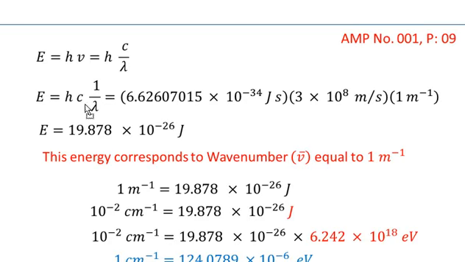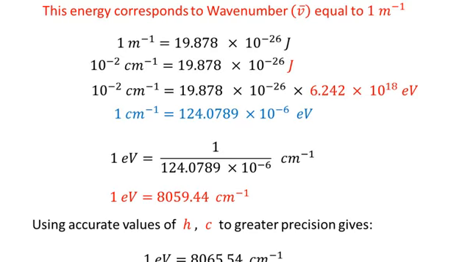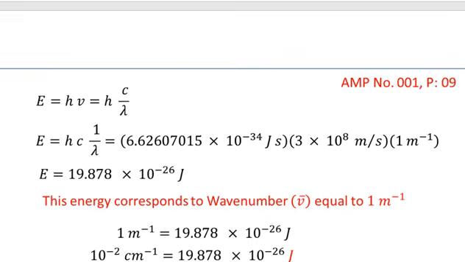And then we have c in terms of meter per second, 3 into 10 to the power 8 meter per second, the speed of light in vacuum, and then we use 1 over lambda equal to 1 meter inverse. So here I am using the value of lambda as 1 meter, so 1 meter inverse is being used over here.